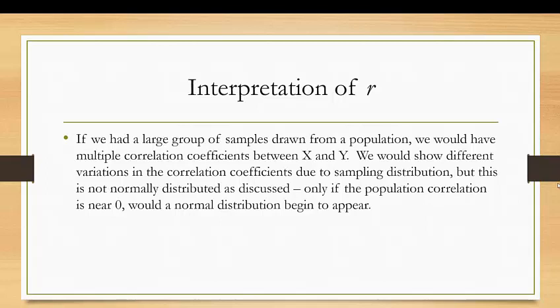We ended up treating our samples all as one large sample, in theory, is what we did. You would do the same with correlation coefficients. Okay, we have a sample of 1 here, but if we had multiple samples, we would see that the correlation coefficients would in actuality vary, because we know that there is variability built within samples. If we could get the whole population, we wouldn't need to worry about any of this, but typically we're not going to be able to do that, so we need to worry about samples. And so that's what we're going to look at here.